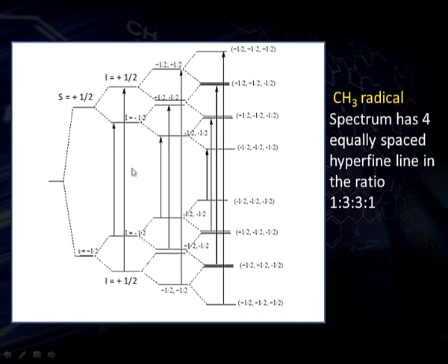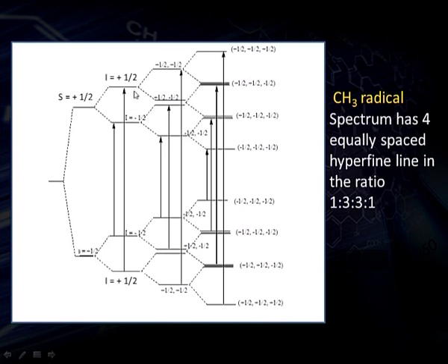Next we can see at this level, this electron interacts with the first proton, and both the lines split into a doublet. This spin of the electron interacts with the plus half spin of the proton and with the minus half spin of the proton. Similarly, here also the positive spin of the electron interacts with the minus half of the spin of the proton and the plus half spin of the proton.